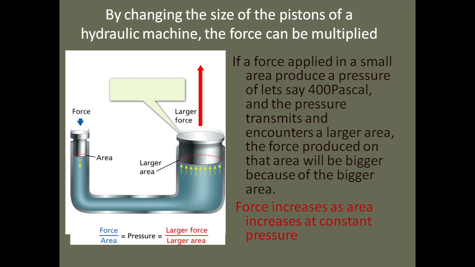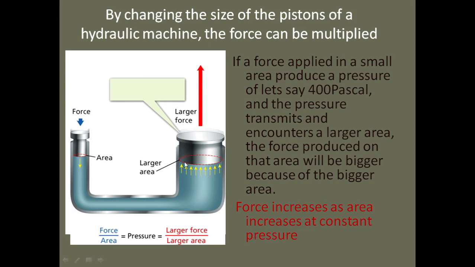What I'm trying to say in essence is this: when you increase the area over which you apply a steady pressure, the force will increase. That is, force increases as area increases at constant pressure. Remember, the pressure in this system is the same.